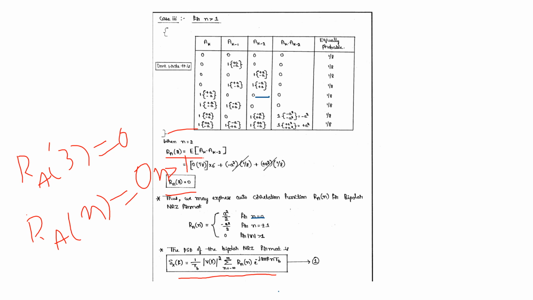Now substituting into S of f the values of RA of 1, RA of 0 and RA of minus 1, we are going to get TB into sinc square of f TB, RA of minus 1 e to the power of minus j 2 pi f TB, RA of 0 e to the power of 0, RA of 1 e to the power of j 2 pi f TB.